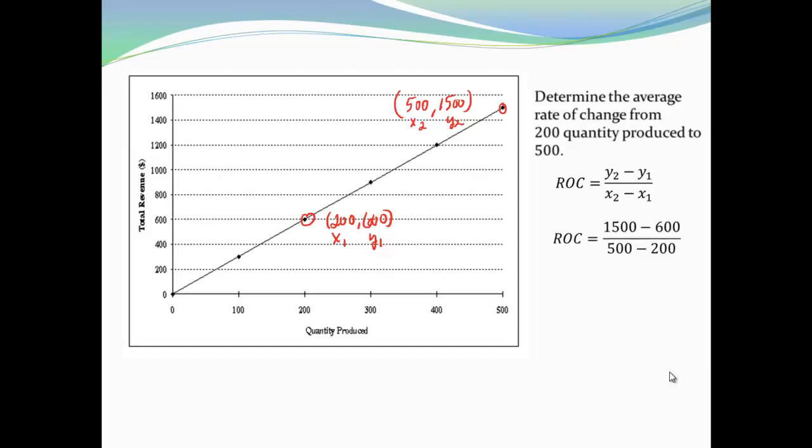So I'm going to put that into my formula. I'll have 1500 minus 600 over 500 minus 200. So I have 900 divided by 300, which again is $3 in revenue per quantity produced.